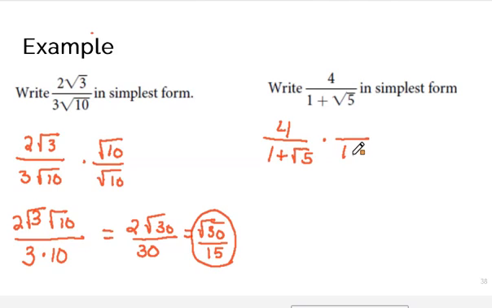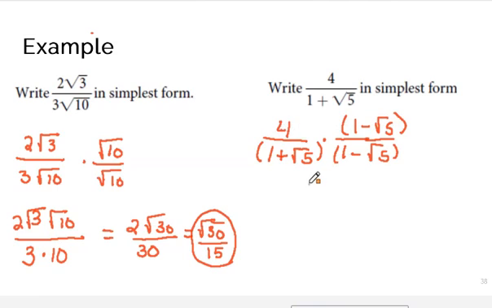And we're going to multiply both the top and the bottom by the conjugate. So in this case, it will be 1, and we're going to change the sign to minus square root of 5. We're going to multiply by that on the bottom, and we're going to do the same thing on the top. I'm just putting all of this in parentheses to make it clearer when we carry out our final multiplication. So just as before, we're going to multiply the numerator by numerator.